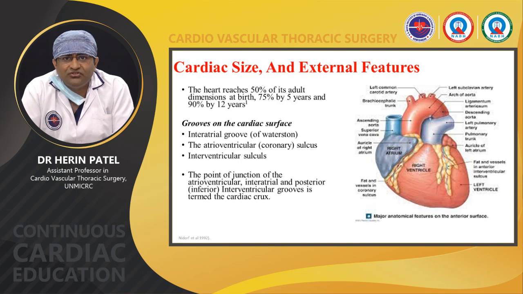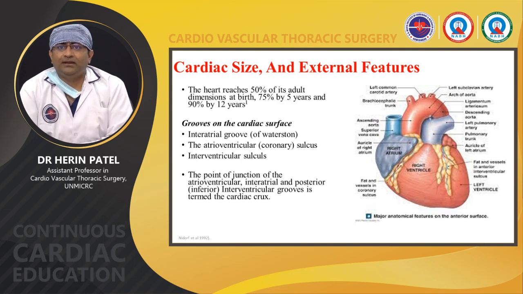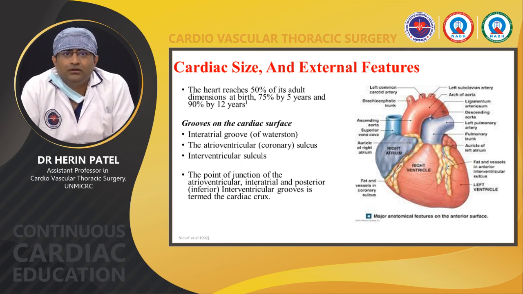There is the interatrial sulcus, also known as Waterston's sulcus, and the atrioventricular sulcus. You can see the sulcus between the right atrium and the right ventricle, which is filled with fibrofatty tissue. Normally the right coronary artery runs in this atrioventricular sulcus.